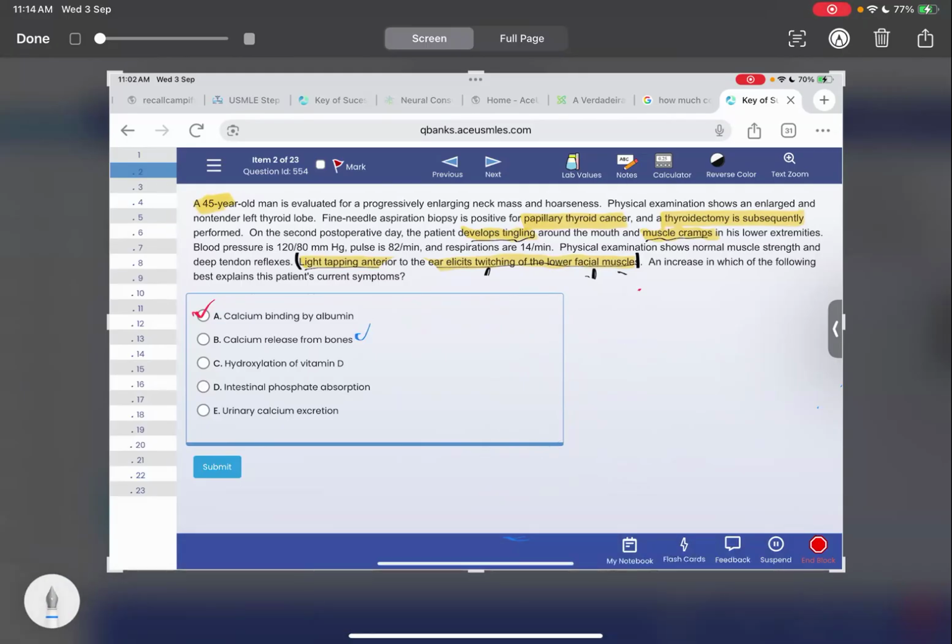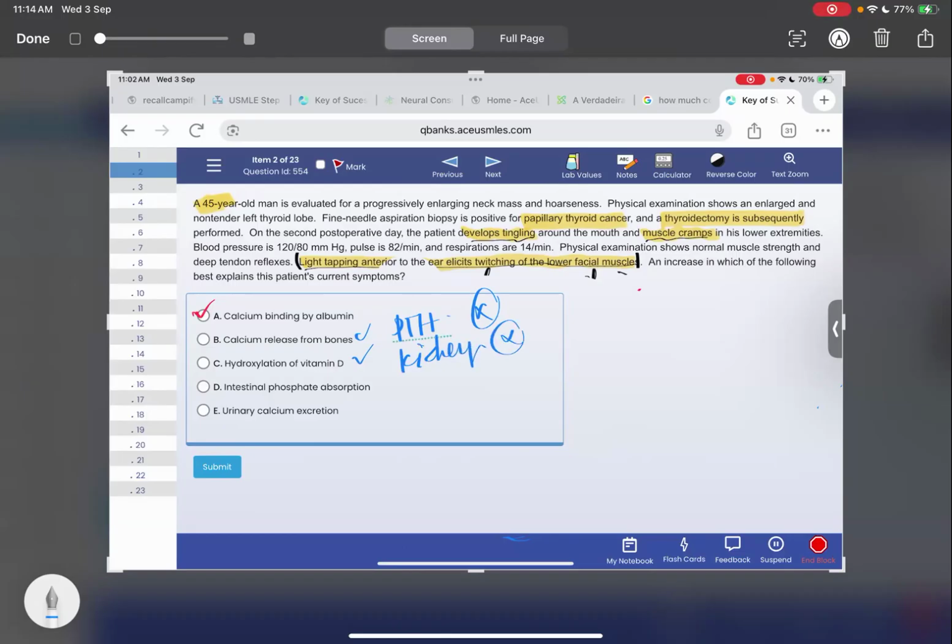Calcium release from bone is the function of parathyroid hormone. We don't have parathyroid. Hydroxylation of vitamin D with the help of parathyroid hormone, kidney does it, right? And we don't have this.